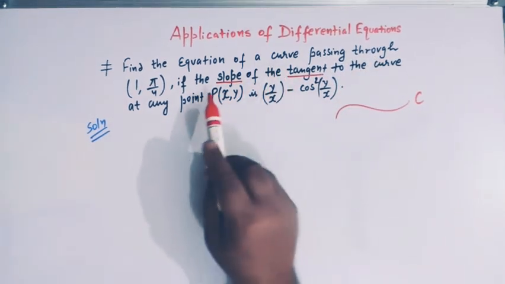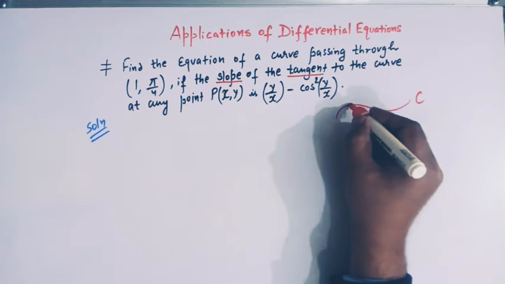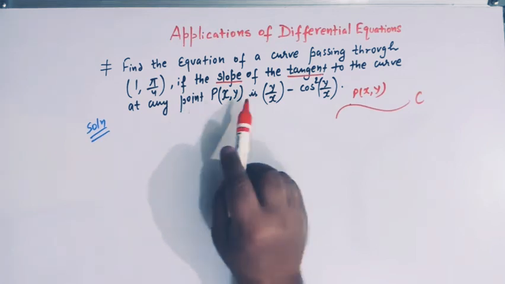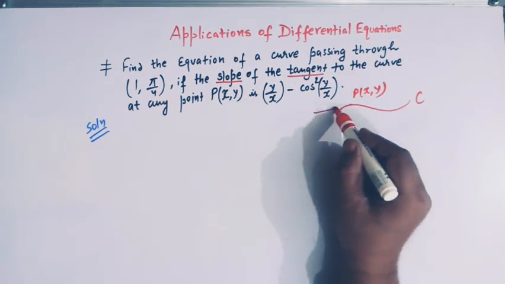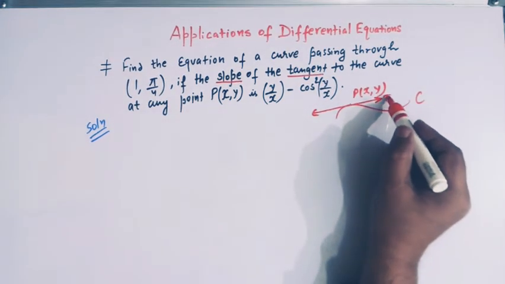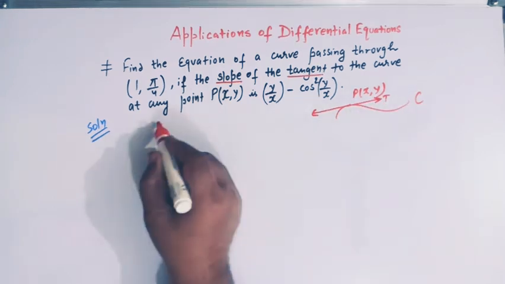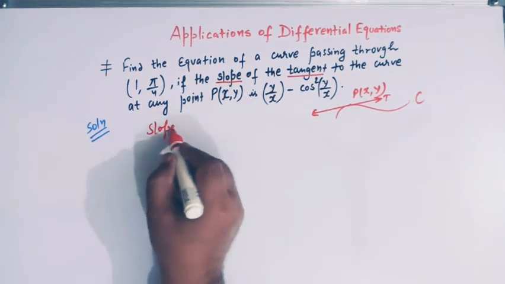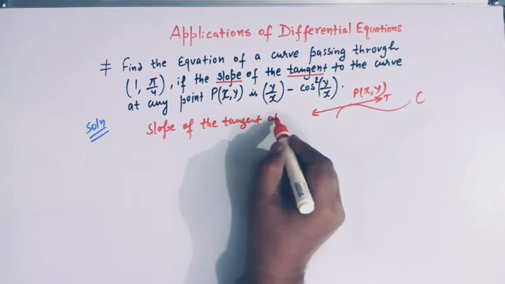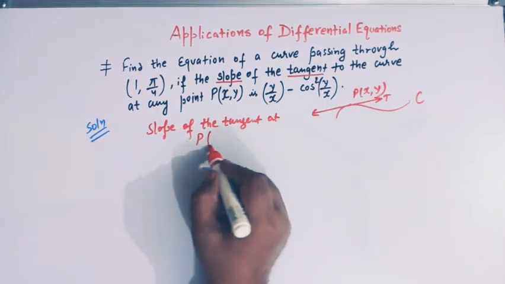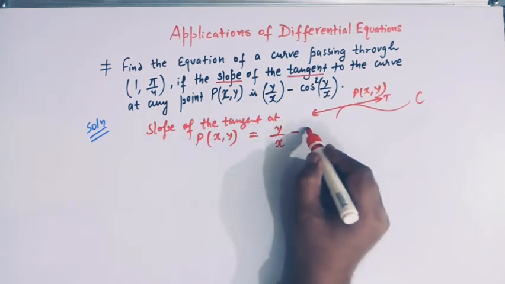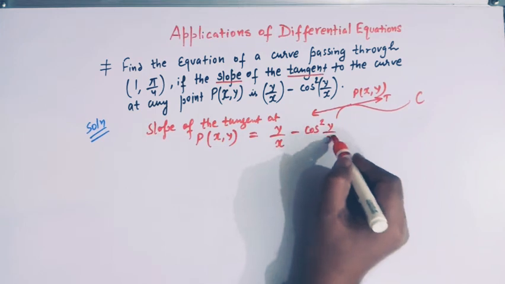point, say this is the point P(x, y), the slope of the tangent, suppose this is the tangent denoted by t, so the slope of the tangent at this point P(x, y) is given as y/x − cos²(y/x).